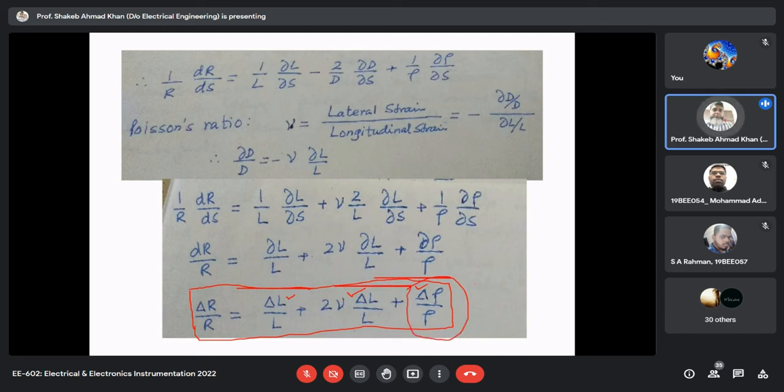Now, keeping it in the background, our main objective is to relate the final response, this is your final response, with the strain. Although I'm not saying that it is established, we had already established that this is nothing but the strain.